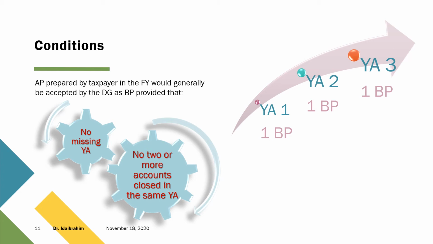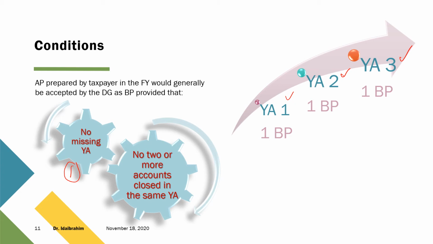Okay, generally, accounting period prepared by the taxpayer will be accepted as basis period by the Director General, provided that these 2 conditions. Number 1 is no missing YA, meaning that every year we need to have a year of assessment. Okay, year 1, year 2, year 3, no missing YA, meaning that every year we need to have a basis period.